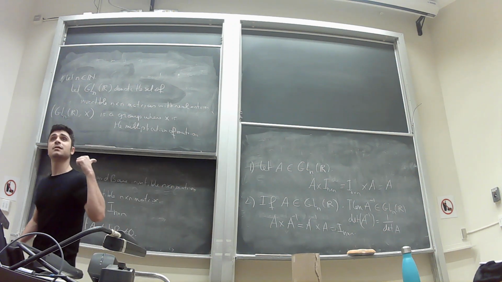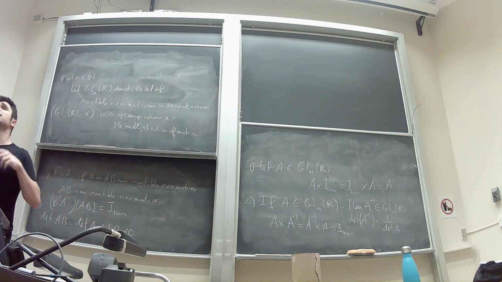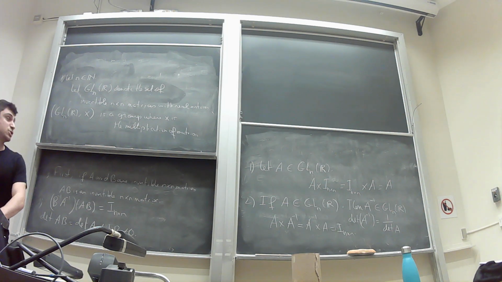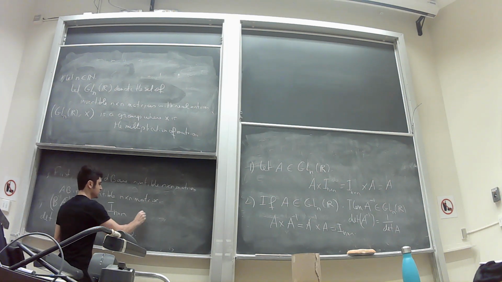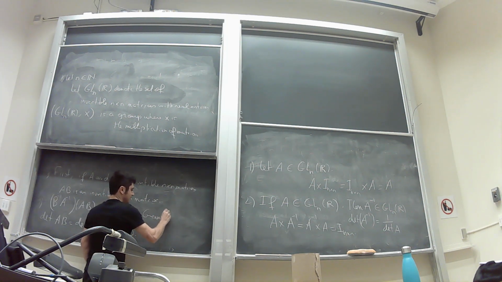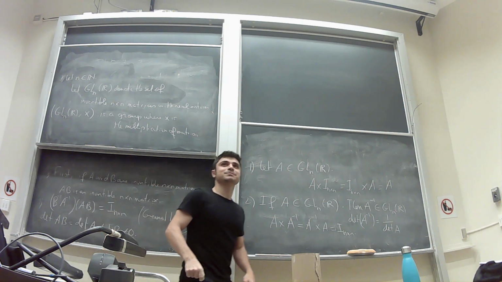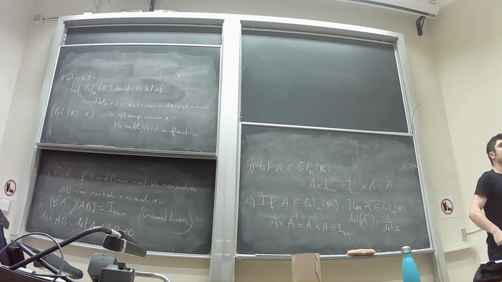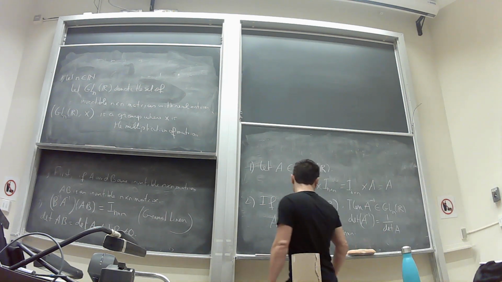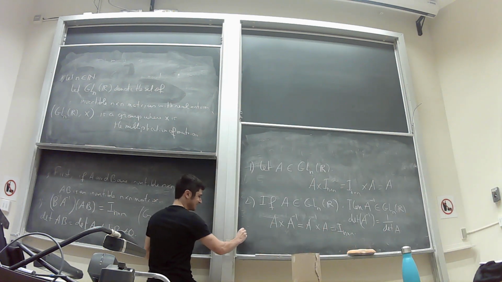Any question? Yes, sir. GL, I said it I think, but I didn't write it. It's general linear. Again, we should be very comfortable with linear algebra. Yeah, sorry about that, but it is what it is.